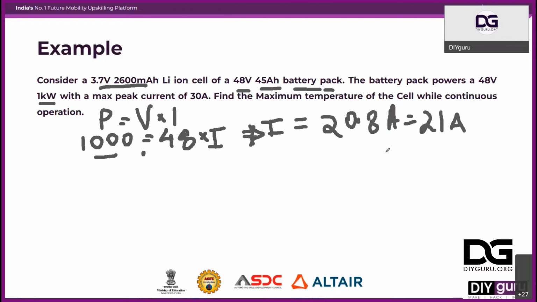Okay, 21 amps. This is my rated current of the motor. And I've given that the peak current from the motor controller that we can provide for performance is 30 amps.